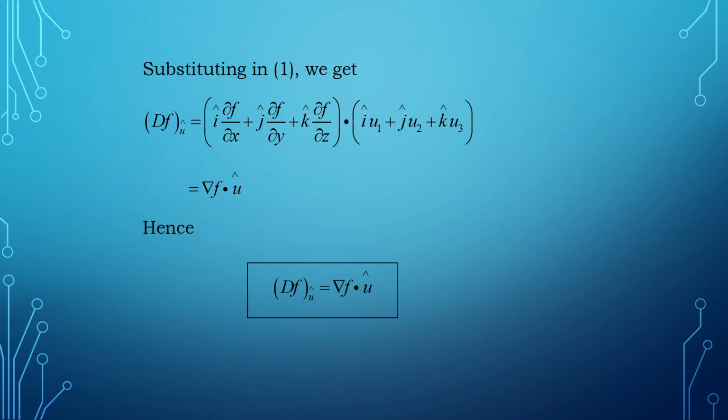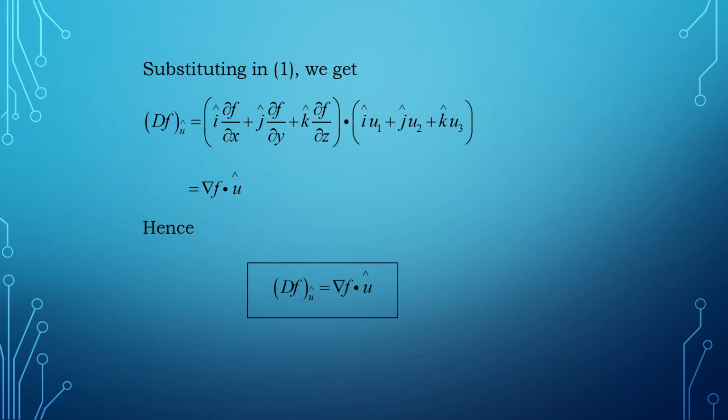Then we get df at u cap equals i cap ∂f/∂x plus j cap ∂f/∂y plus k cap ∂f/∂z dot i cap u1 plus j cap u2 plus k cap u3. Now we get df at u cap equals del f dot u cap.